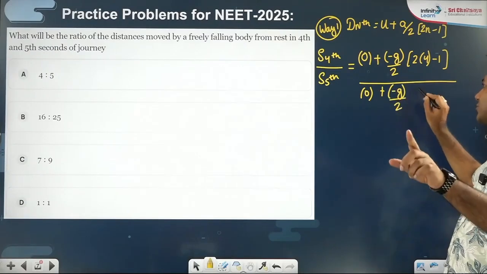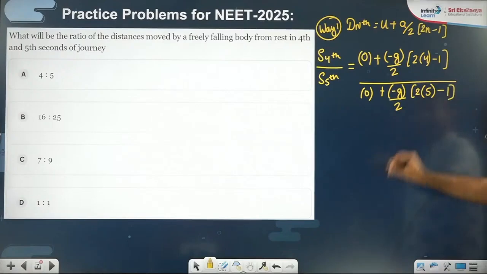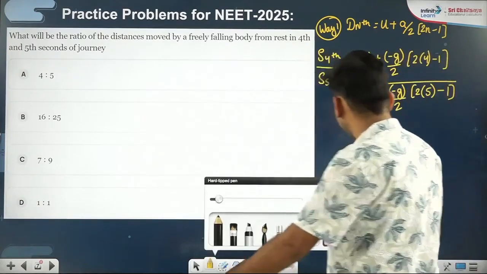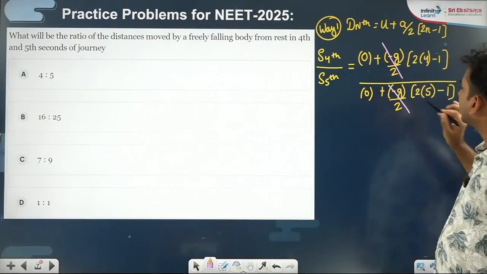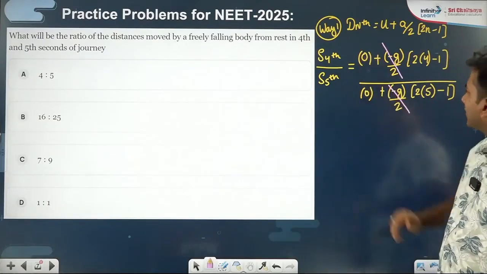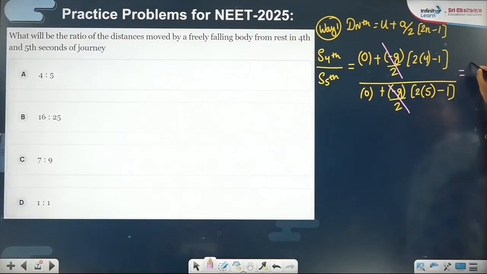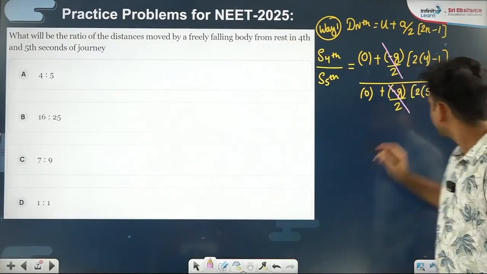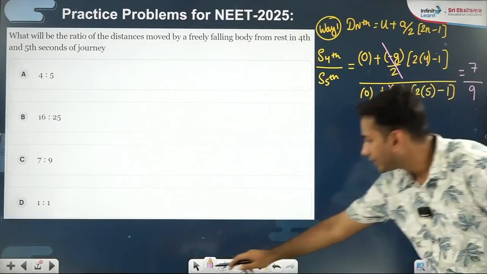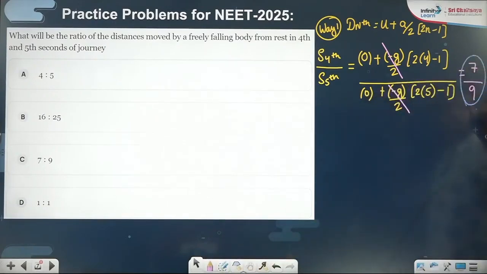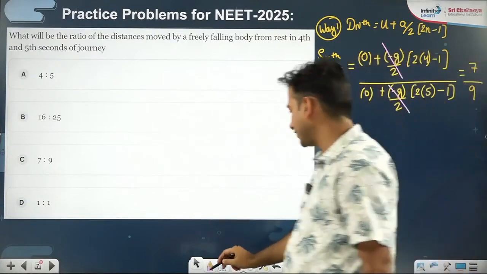I told you, irrespective of the direction of motion, always have a habit to take gravity as negative because it is always going to act downwards. Now this minus g by 2 got cancelled, 0 is anyways gone, and hence the final answer you got is 2 into 4, 8 minus 1 is 7, and 2 into 5, 10 minus 1 is 9. I think the logic is clear to you. So this is the result you are going to get by way 1.